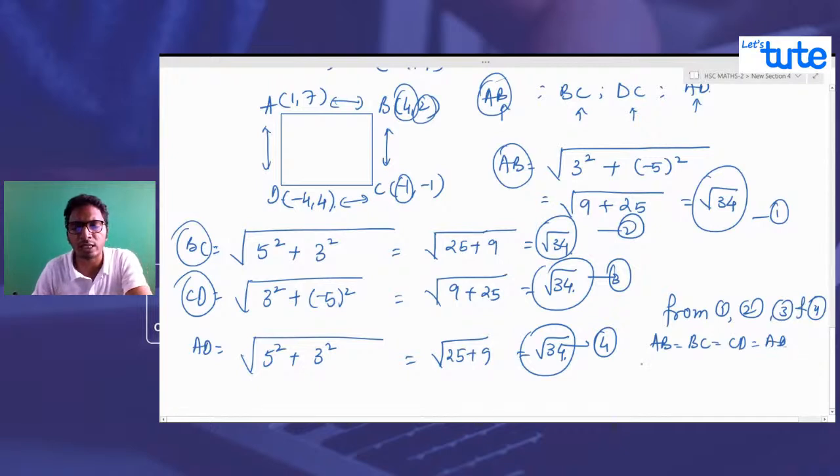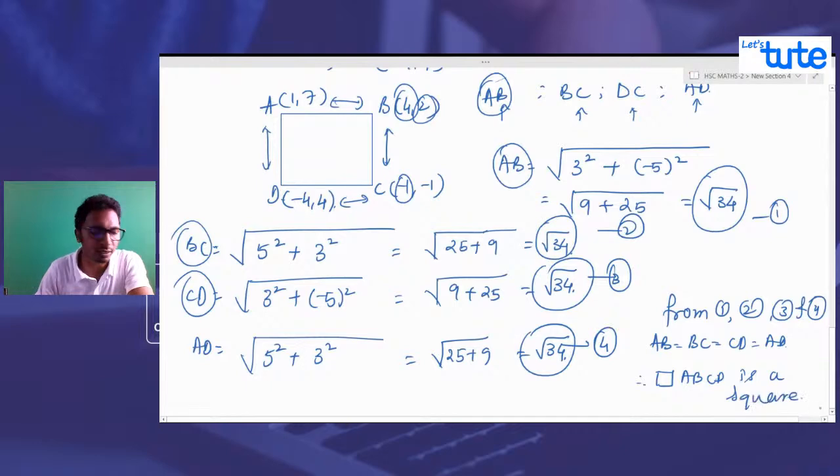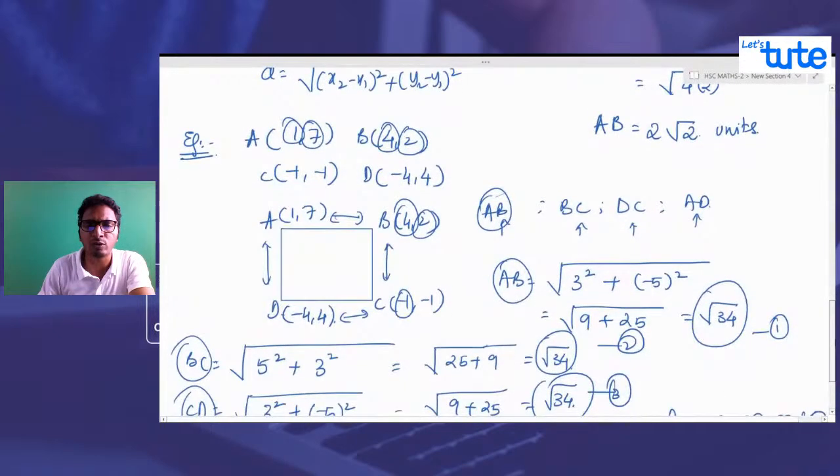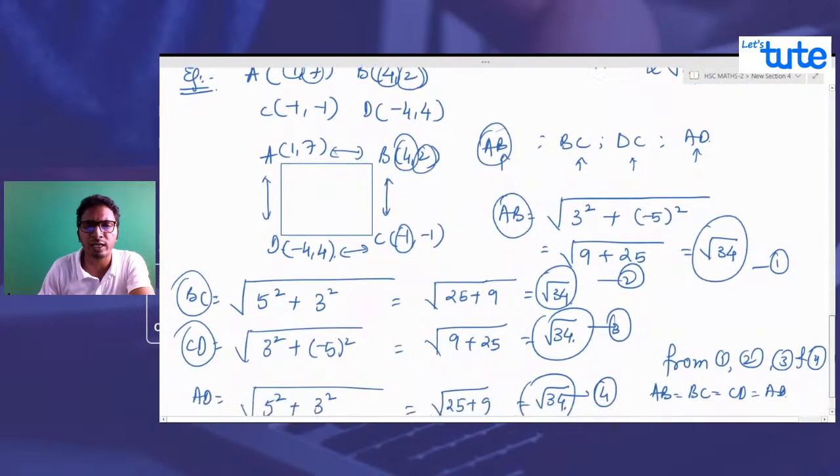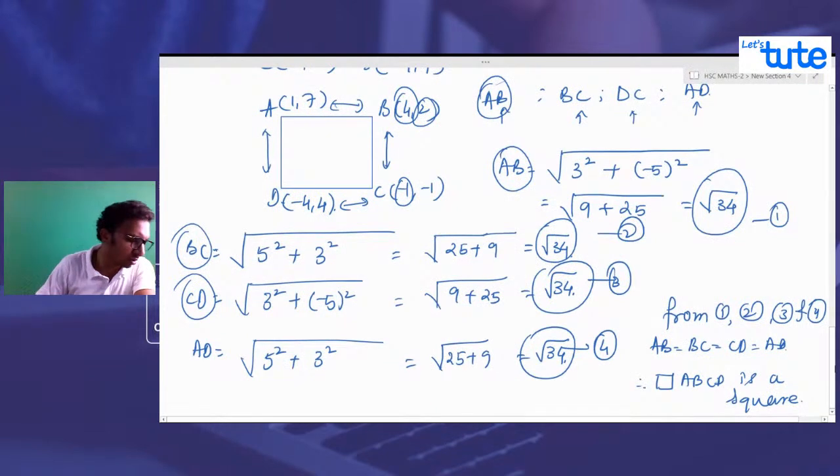That means all the 4 sides of the quadrilateral are equal. So therefore, quadrilateral ABCD is a square. Correct? So that's it. That's an interesting question. We are given 4 vertices, and we are asked to find if it is a square. Good job.